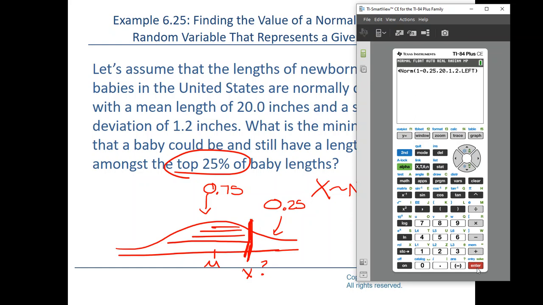Okay, and I'll show you how it works both ways. So second vars number 3, and instead of that I'm just going to put the 0.75. So whether you do the 1 minus 0.25 or the 0.75, you're going to get the answer there. And that kind of tells me what my answer is going to be.